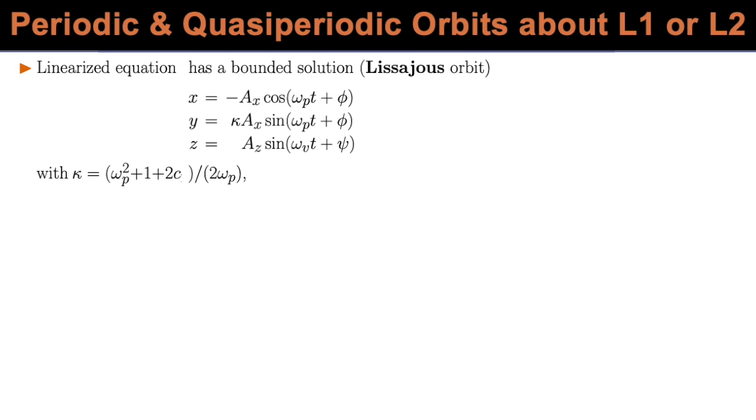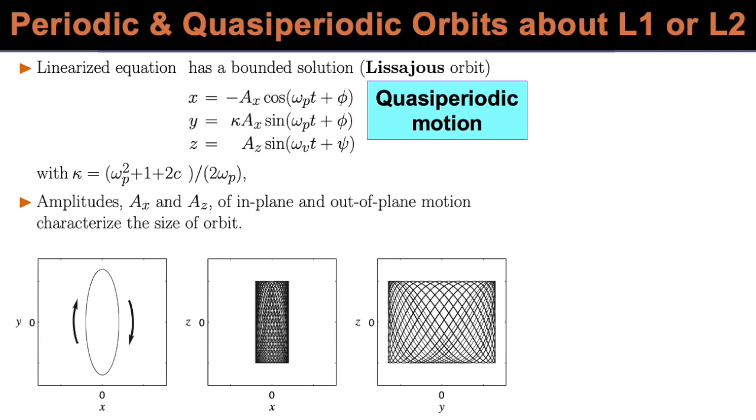We could also look at the solutions to the linearized equation, the ones that are bound. These are bounded solutions, so they only include the frequencies omega p and omega v, the planar and the vertical oscillations, and some amplitudes that we can choose, Ax and Az. This is, again, quasi-periodic motion for the bound orbits.